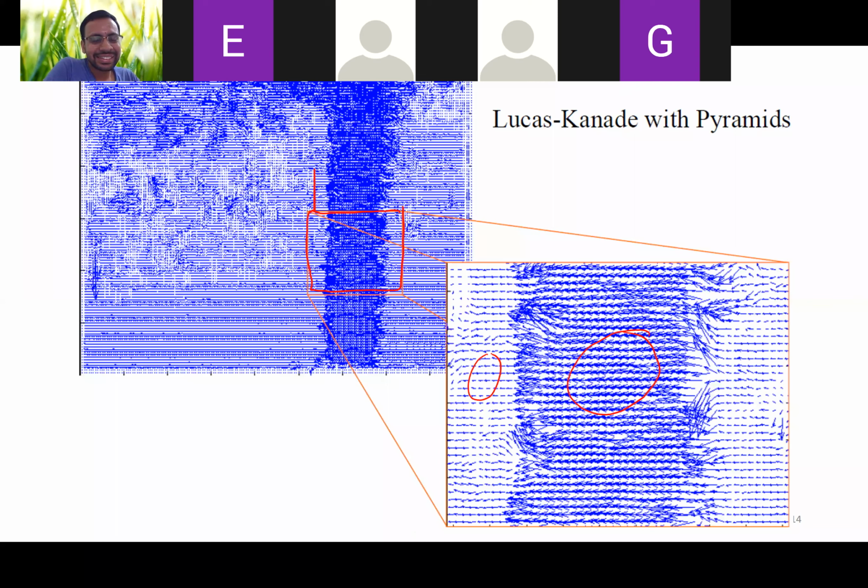Sir, can you repeat the question? Look at the displacements here in the background. Those are smaller compared to the displacements you have here. Can you tell me why? Due to parallax, the tree is much closer to the camera, so it moves much faster. Good. That's right.